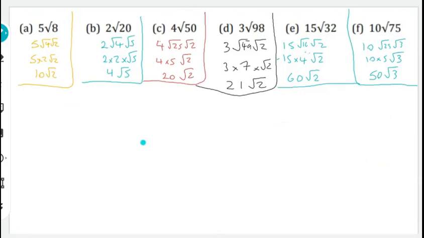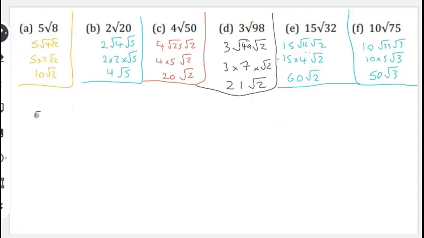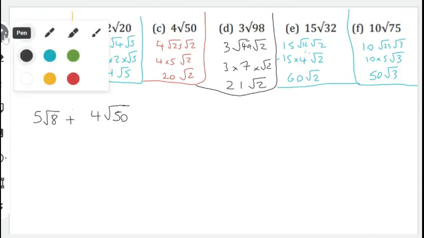It comes to, but I'll go on slide 5. Let's imagine we wanted to do 5 square root 8 plus 4 square root 50. I've purposely picked these ones because we've already simplified these.